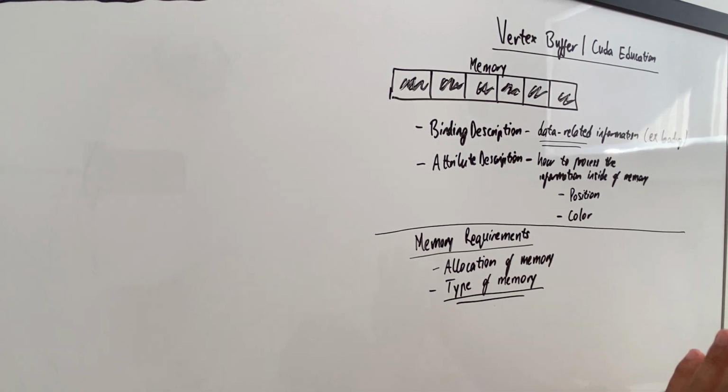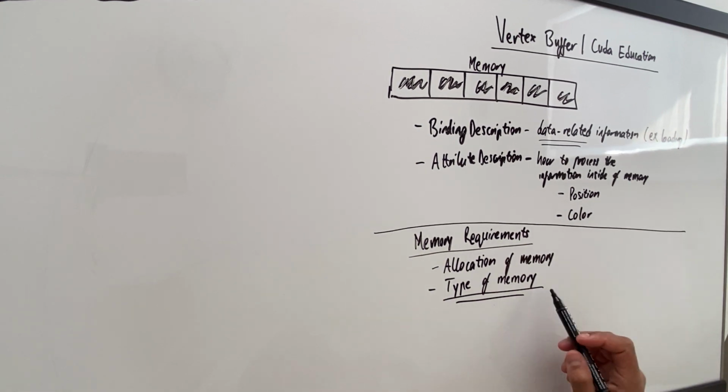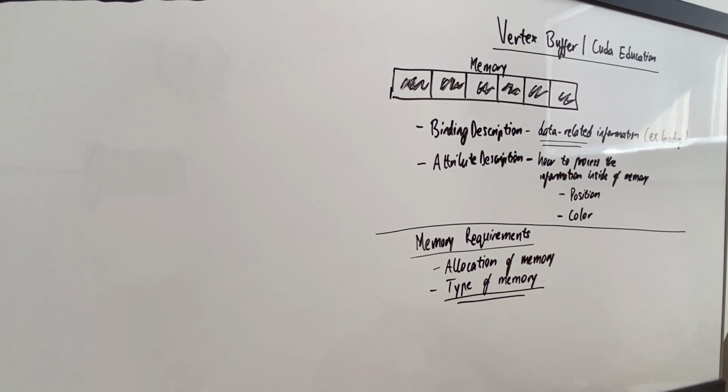So in my latest tutorial number 11, we discussed type of memory. And actually what happens is that we have to cycle through all of the memory types in the GPU hardware to find the memory type that we need for our application.